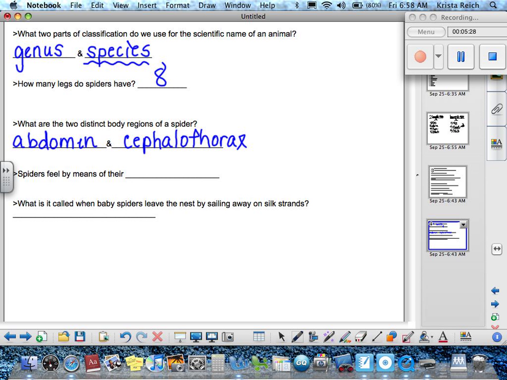Don't worry about the spelling there, as long as I can hear that you have the correct answer, that is fine. Another vocabulary word that we saw earlier is the fact that spiders feel by means of their seta.